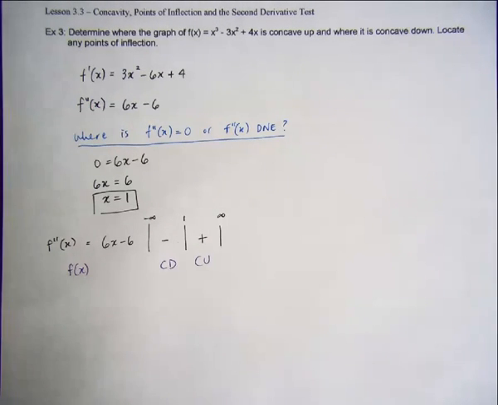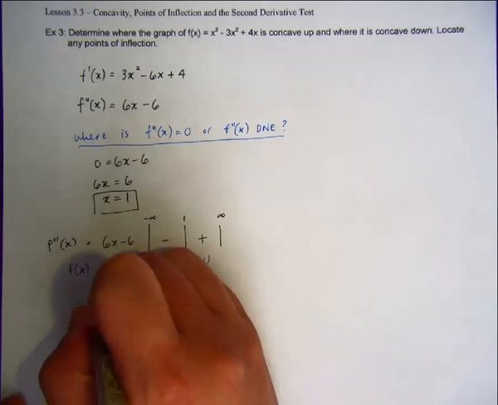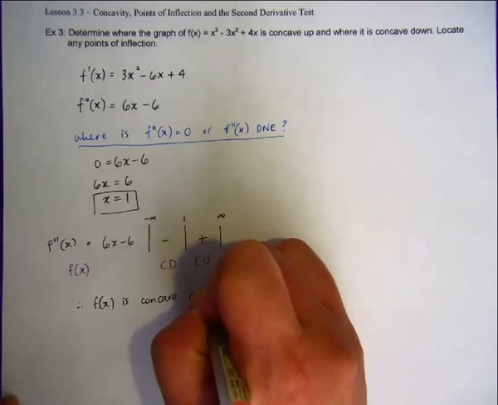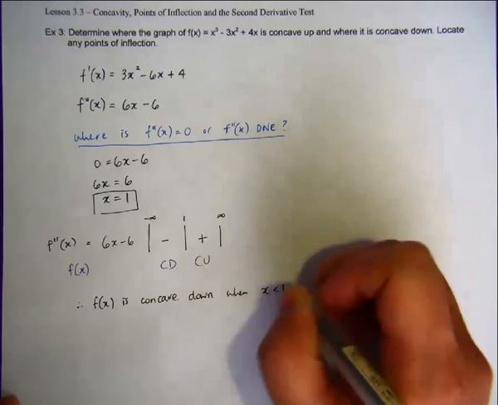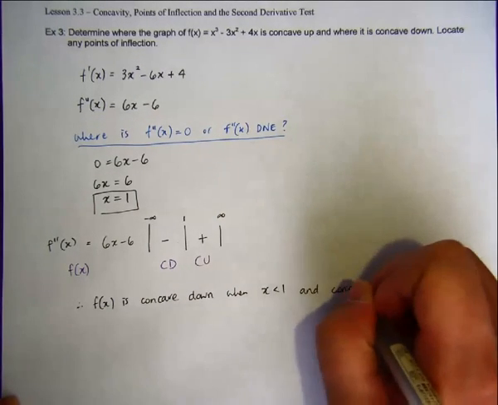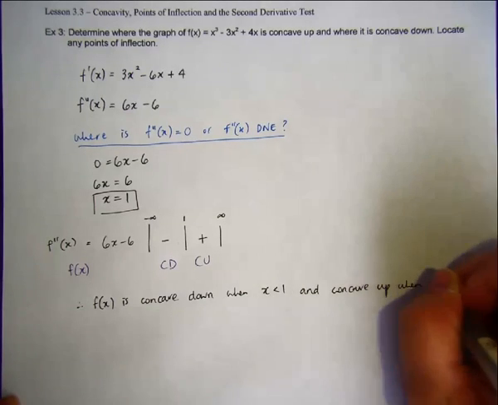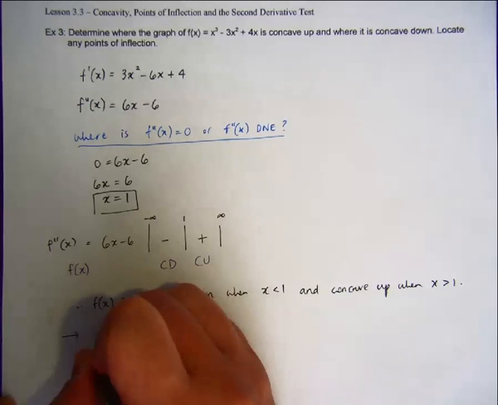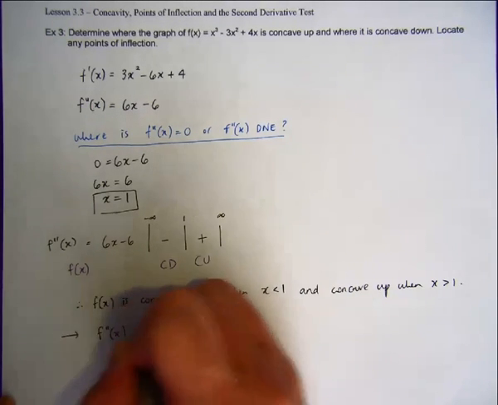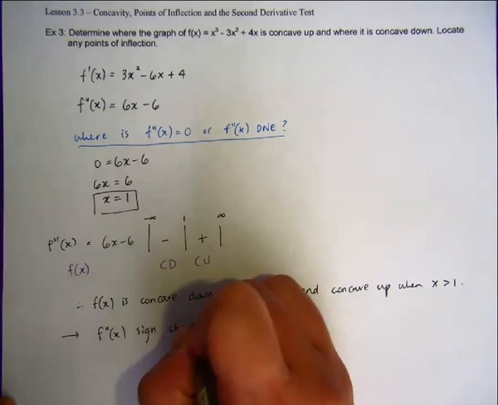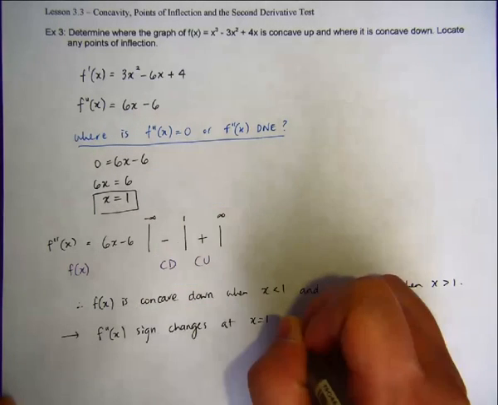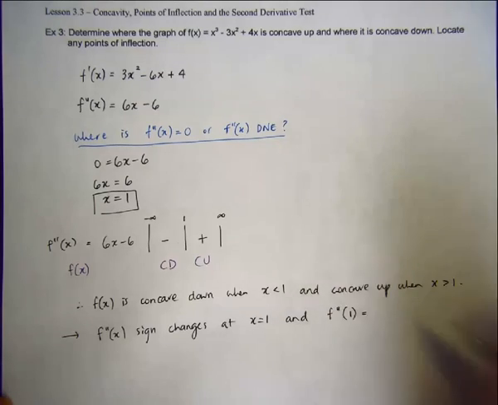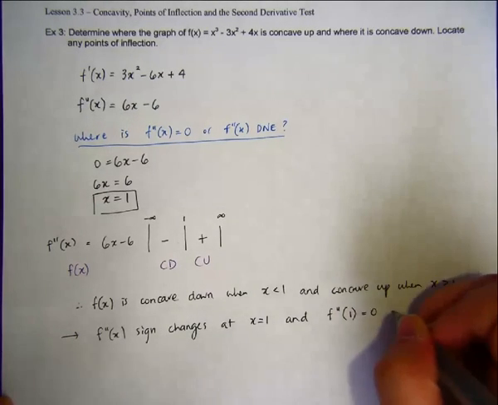So we can write, therefore, f of x is concave down when x is less than 1 and concave up when x is greater than 1. We know this because the sign changes at x equals 1, and the second derivative at x equals 1 is 0.